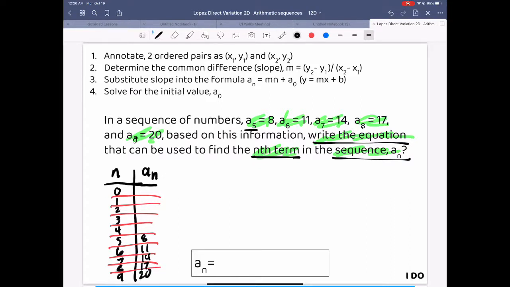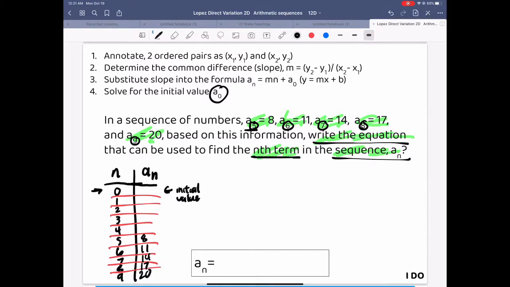And again, I'm looking at the little numbers here. These are called the subscript. So when you say it, you say a sub whatever the number is. So a sub 5, a sub 6, a sub 7. That tells you the place. But we need to first figure out the initial value, which is always going to be at 0, which we don't know yet.